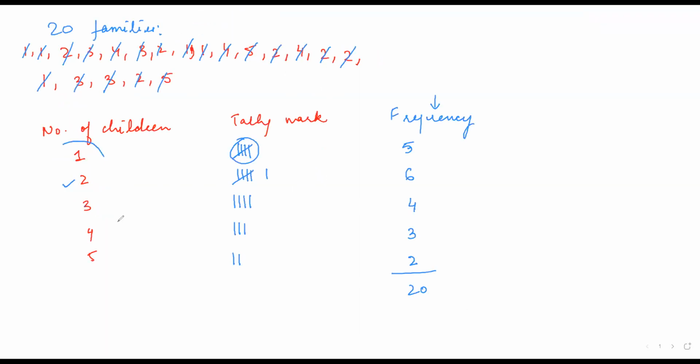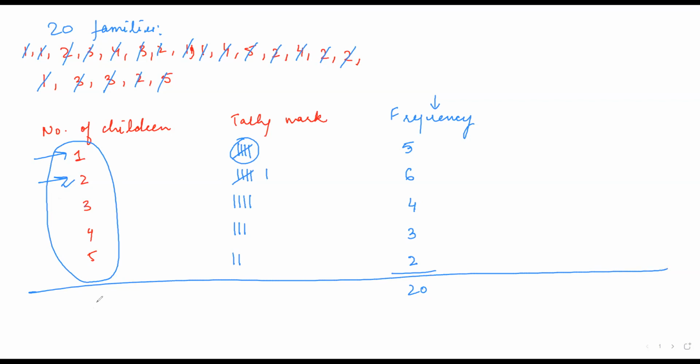Now, look here. The values which are given here, they are independent of each other, right? It's a different value, there is no relationship between them. Understand? Or for example, you can have data like that. These are cities, and these are, let's say, temperatures.